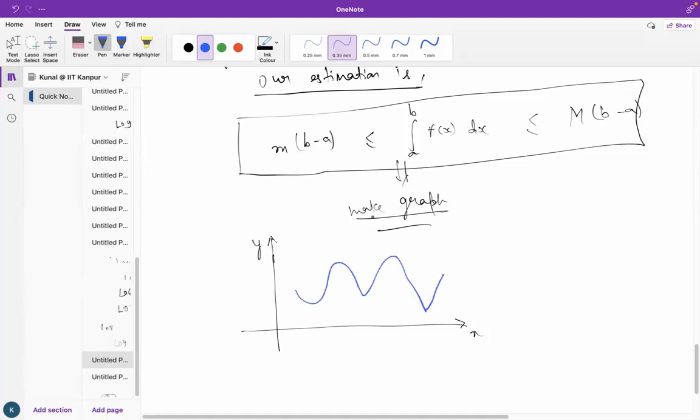Okay, and let us suppose there is our x is equal to a, and there is our x is equal to b.